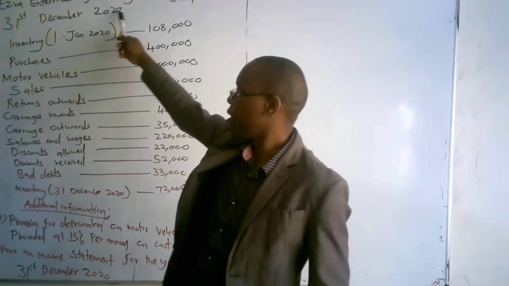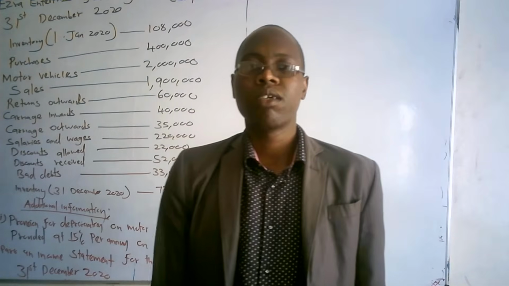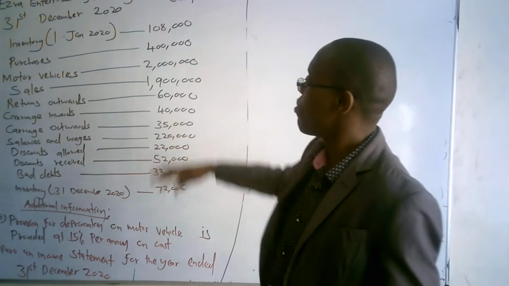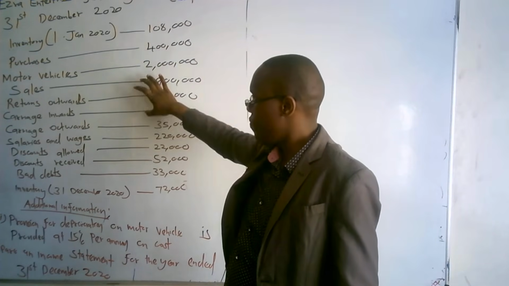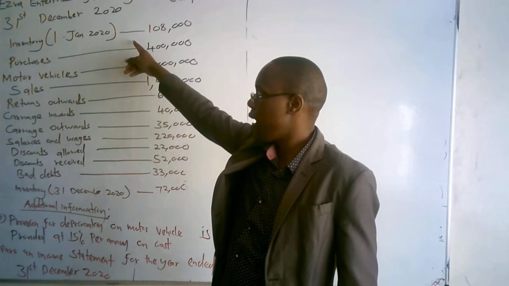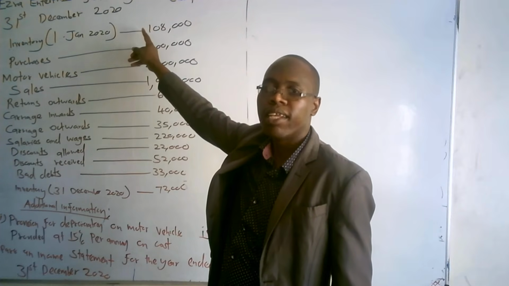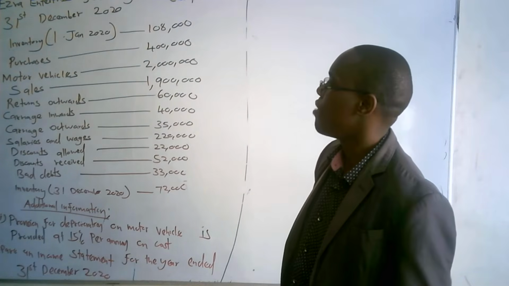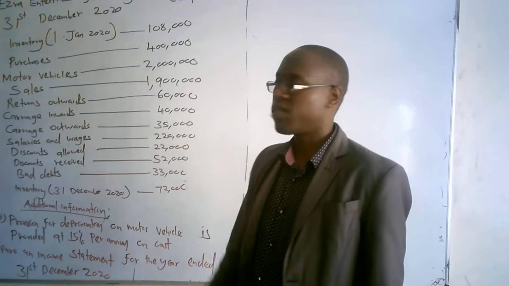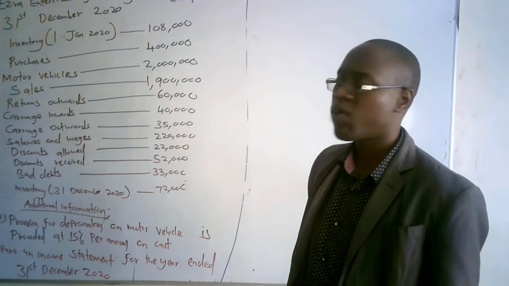The key thing that I want you to have is this information. We have been given the inventory as at 1st January 2020, and that date tells us that it is the opening inventory. And then you have been given purchases.